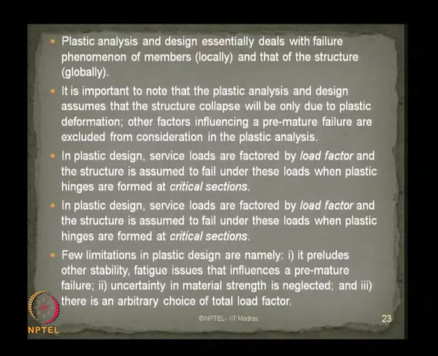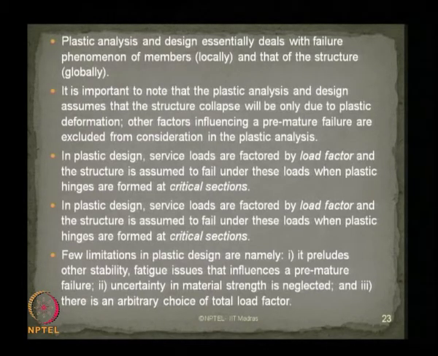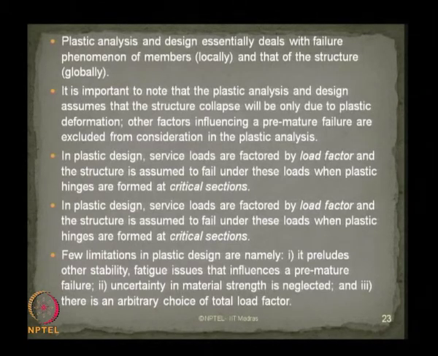A few limitations in plastic design are very important to consider. One, it precludes other stability and fatigue issues that influence a premature failure. Uncertainty in material strength is completely neglected in plastic design. There is an arbitrary choice of the total load factor which can be a subject of question.